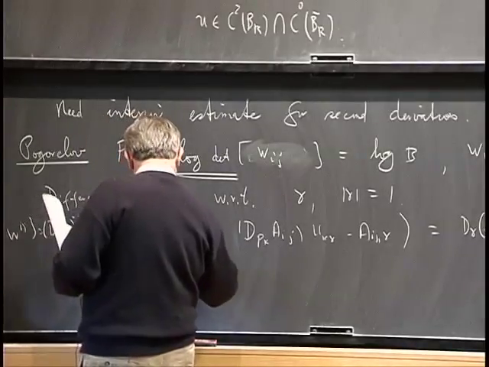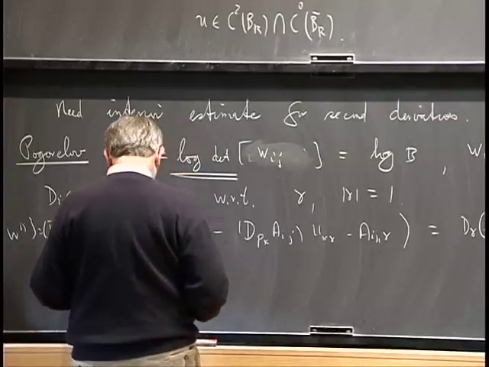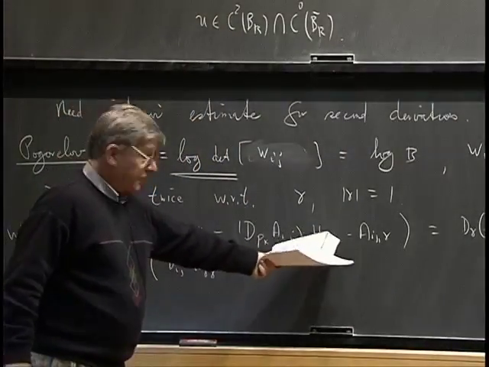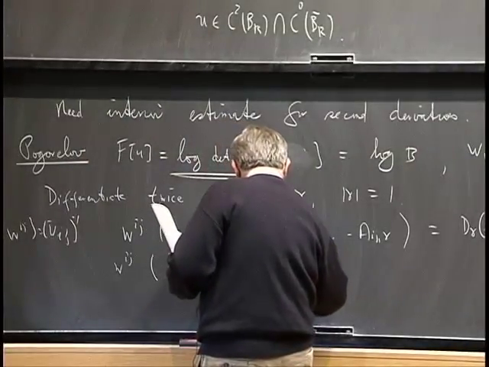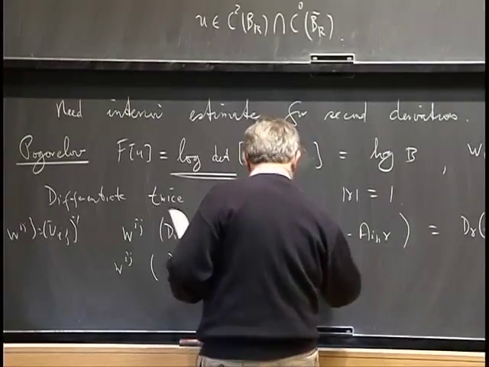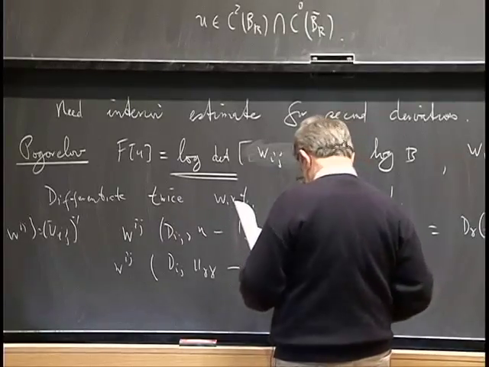And do another one, and we'll get W^ij. Now we have D_ij, and now I'll have this u gamma gamma. And now I'm going to take two p derivatives, and I'll get a quadratic form in the second derivatives. So I'll have a D_pk pl of this A_ij, and then I'll have u_k gamma u_l gamma. And just keep going.